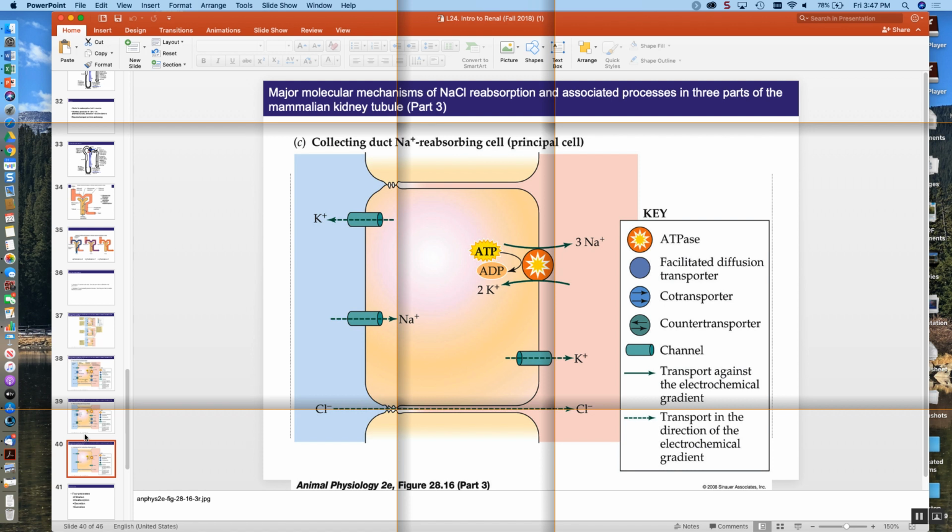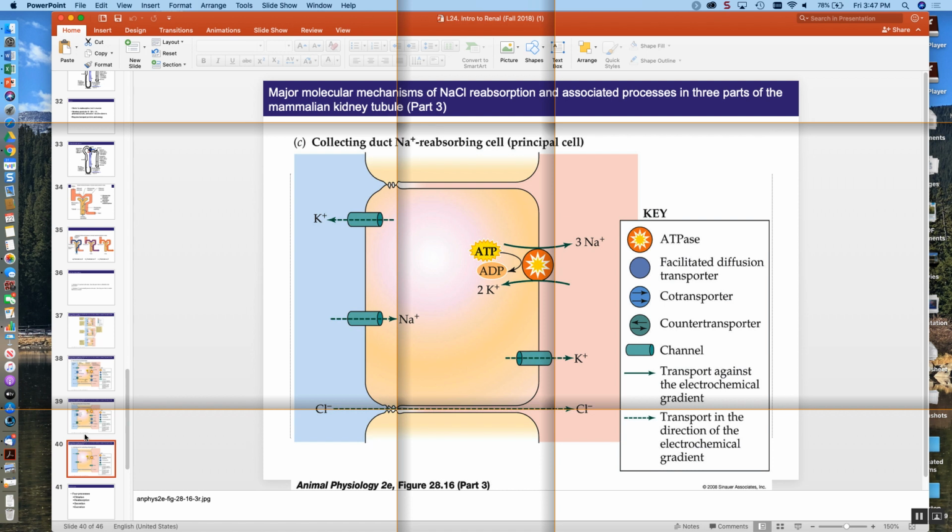Yep. Okay, so you increase the number of ENaC channels. What that does is it promotes more sodium reabsorption. When more sodium enters into the cell, it increases the turnover rate of the pump, bringing more potassium into the cell, and then you get enhanced potassium secretion.